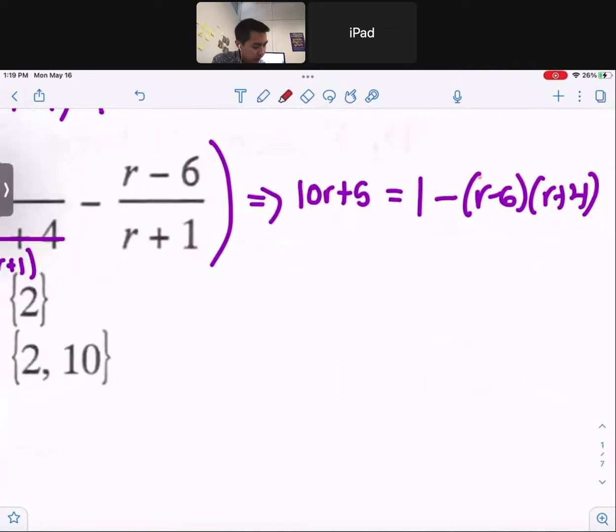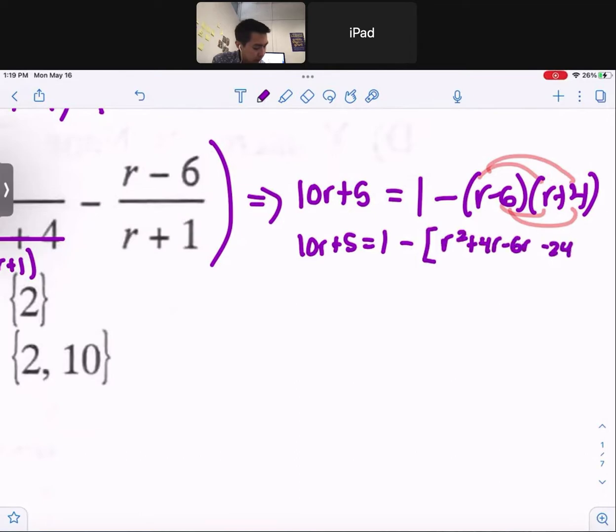So let's simplify this. First we have to distribute all this stuff. 10r plus 5 equals 1 minus, r squared plus 4r minus 6r minus 24. So 10r plus 5 equals 1 minus, all this still in parentheses, r squared minus 2r minus 24.